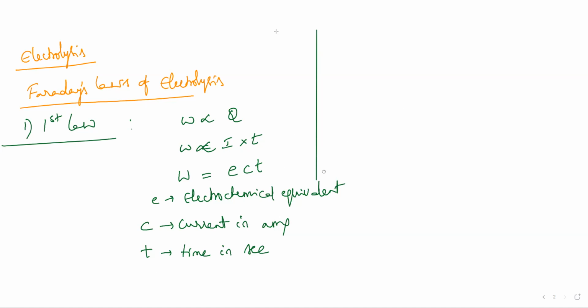Then let us proceed for the derivation once again. Now W is equal to ECT. Now what is E there? Electrochemical equivalent. But E is equal to chemical equivalent by Faraday. So what is capital E? Chemical equivalent.